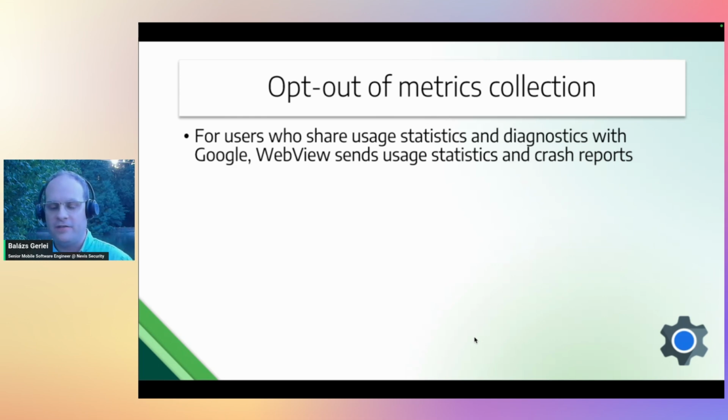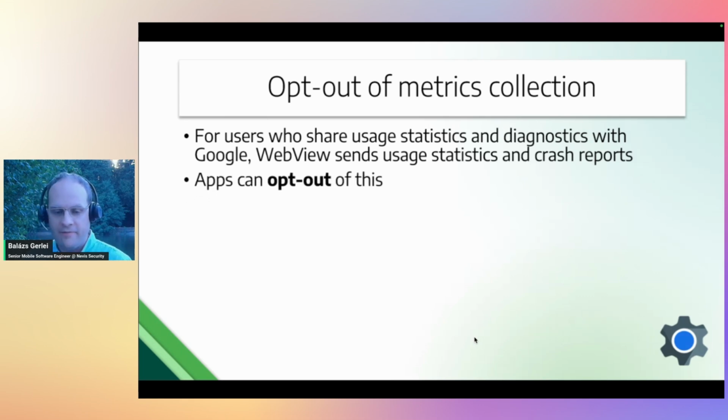Okay, opt-out metrics collection. I think a lot of you remember, when you set up a new Android phone, it asks you whether you would like to share statistics with Google. If the user says yes, that would mean, and I'm not sure you know that, that WebViews will share anonymous statistics with Google as well from inside every application that's installed on the phone.